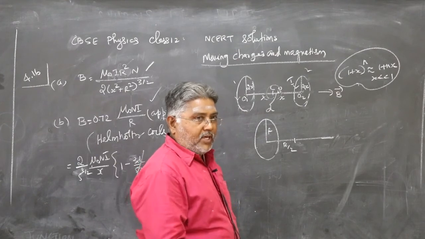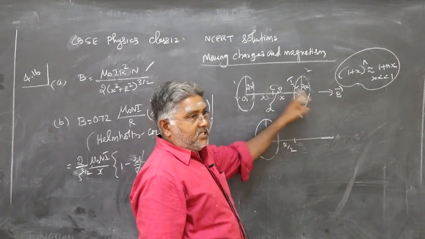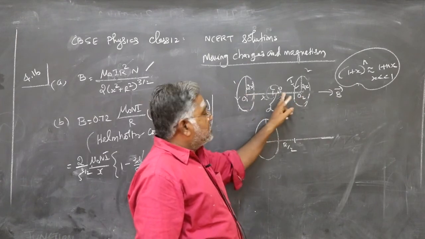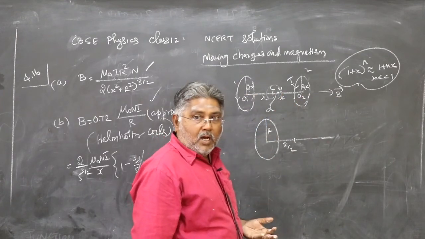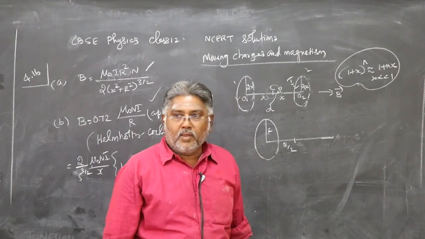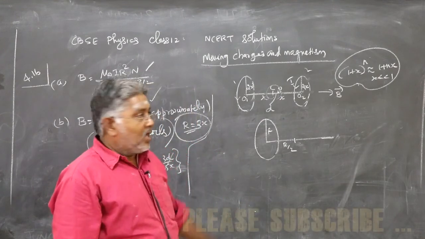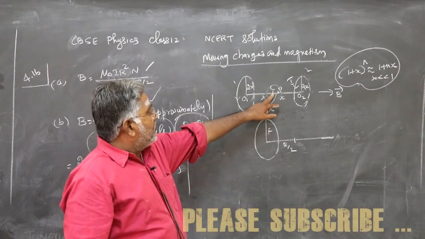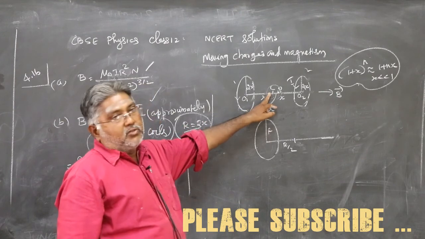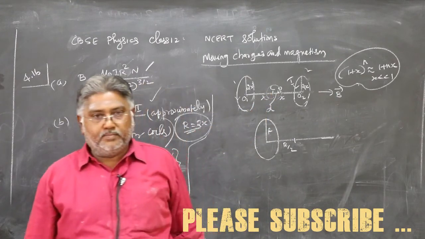So the overall effect: decreasing due to this coil, increasing due to this coil at the same rate as you move. Therefore, net magnetic field doesn't change as you move from C to this side as well as to the other side. For that the distance should be very, very small.